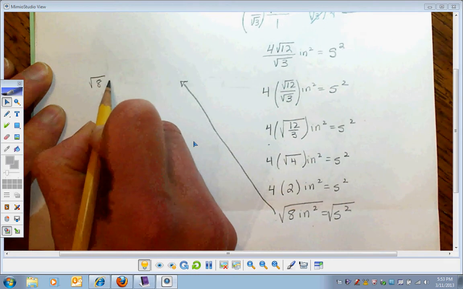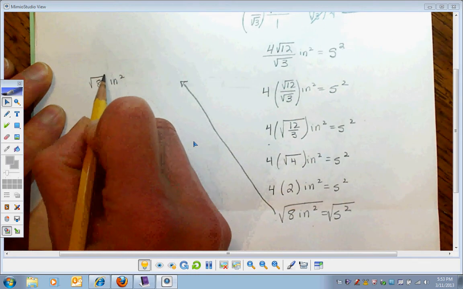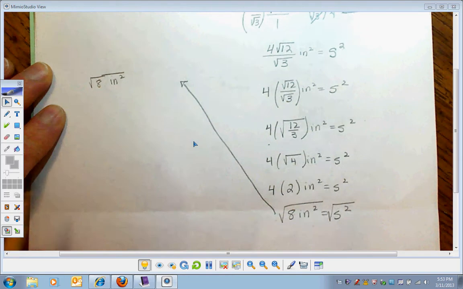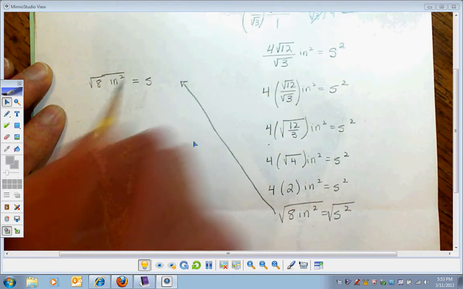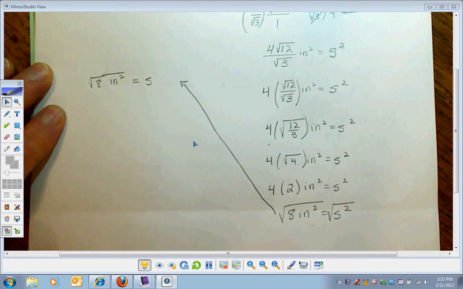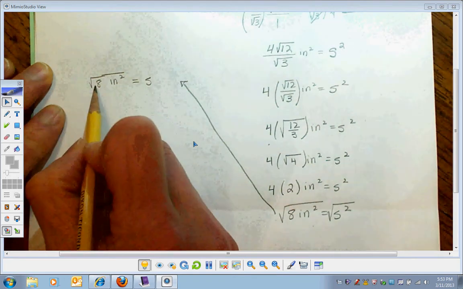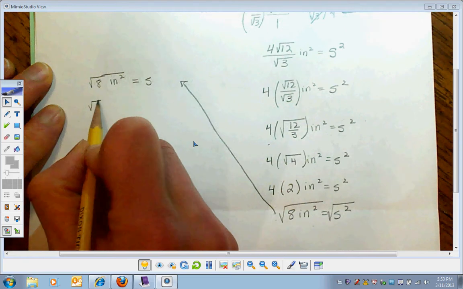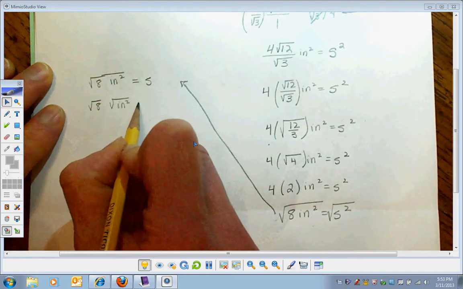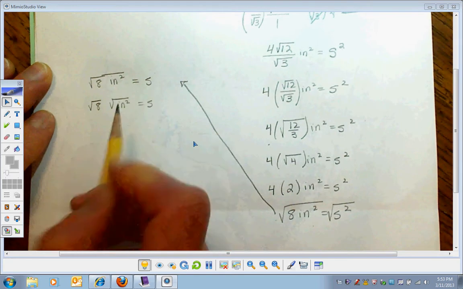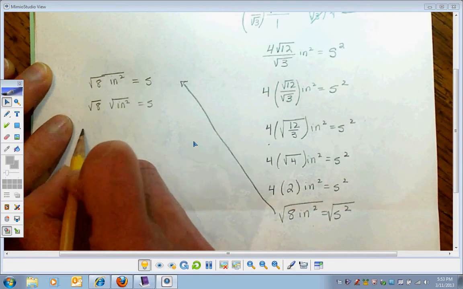Square root of 8 inches squared, which by the way should be under the radical also, is equal to the side. So when I look at this, square root of 8, I'm going to do the same thing with my units. Inches squared equals side. I have to rationalize this.